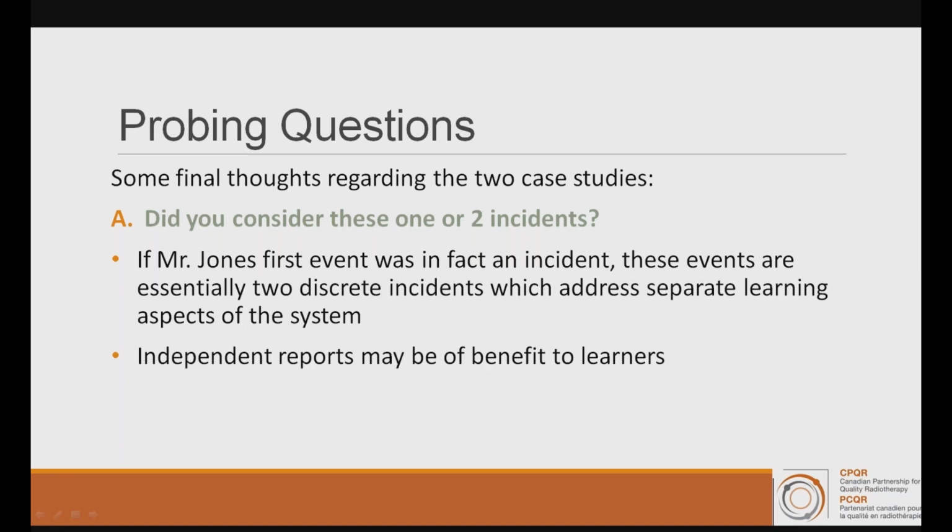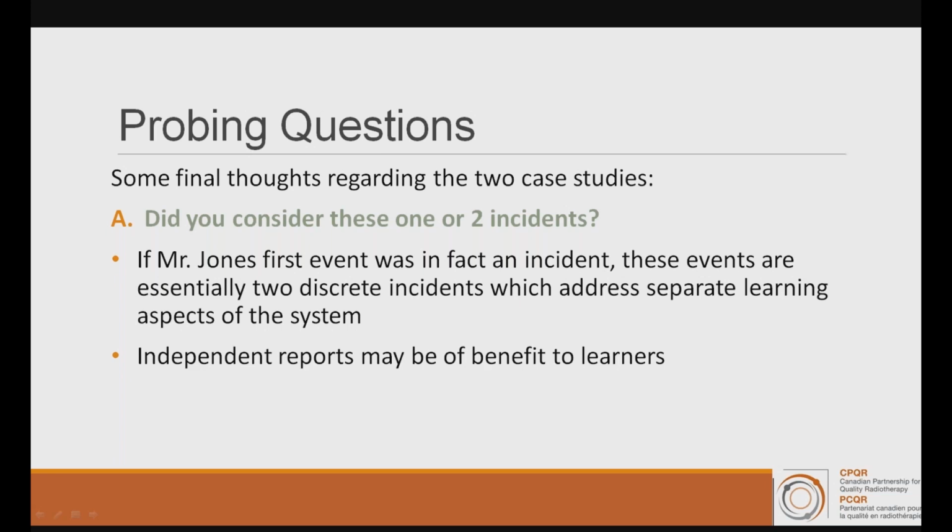There are instances where incidents can be considered discrete, even though they involve the same patient, and instances where incidents can be lumped together, even though they involve multiple patients.